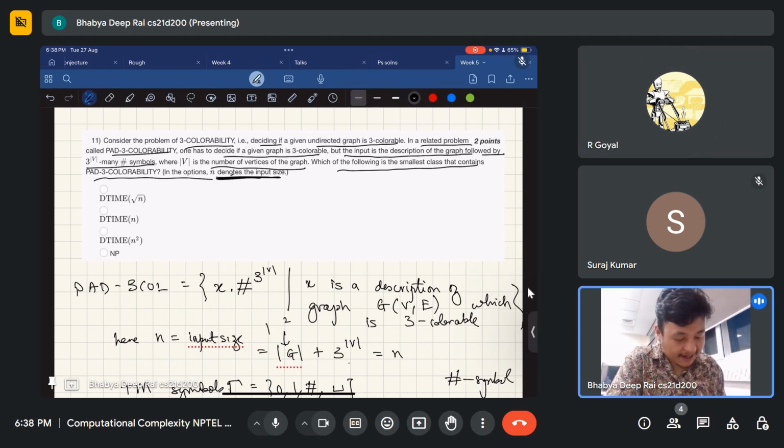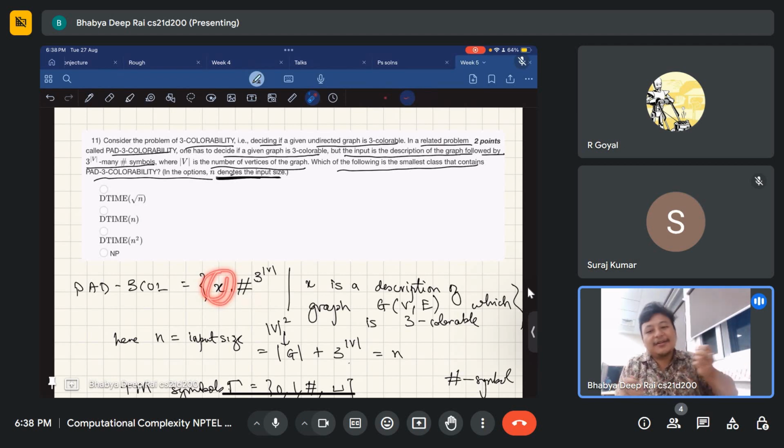And if you look at the hashes, they are very large. It's 3 to the size of V. So the gap between the size of these is exponentially large. In other words, x is exponentially smaller than the rest of the input.